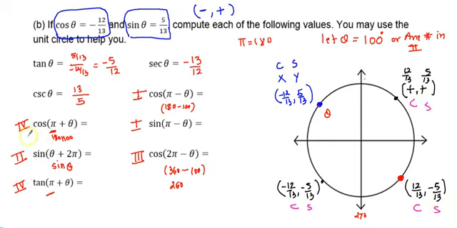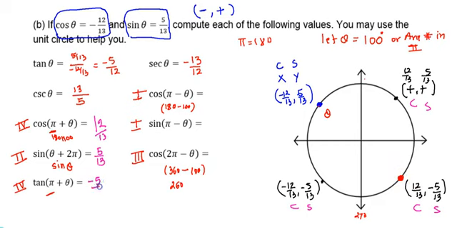So let's read the numbers. Fourth quadrant cosine, what's that answer? 12 over 13. Second quadrant sine is 5 over 13. Fourth quadrant tangent: we can use this number also, and we know that in the second and fourth quadrants tangent is negative.